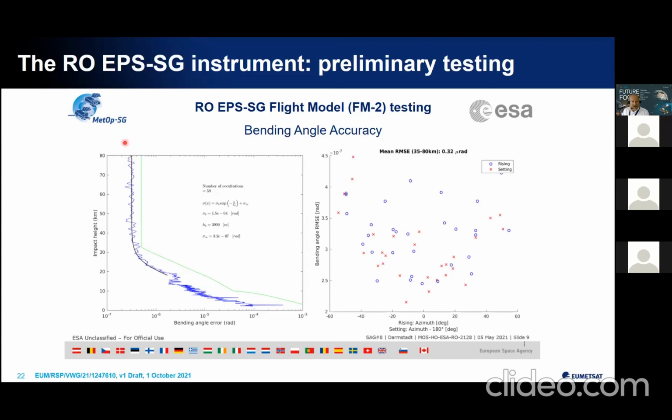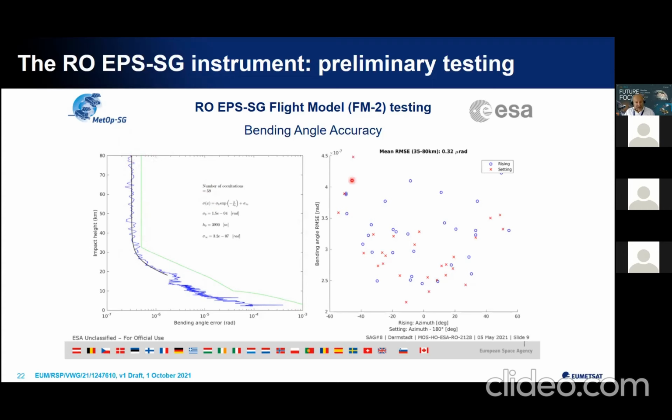On average, considering 60 occultations, here is the bending angle error profile. You can see here the blue line is the expected bending angle error. In green is reported the user requirement. So we can see that the instrument is performing very well. We expect to have a bending angle error well below the limit imposed by the user requirement.